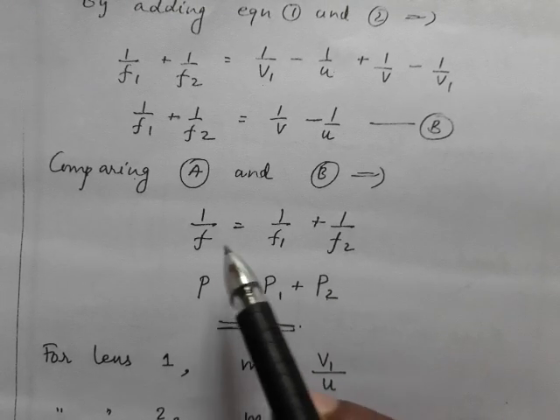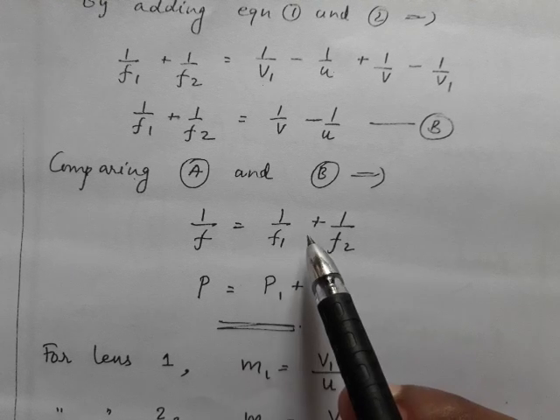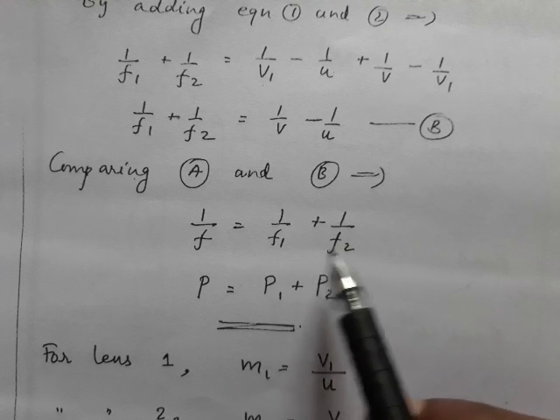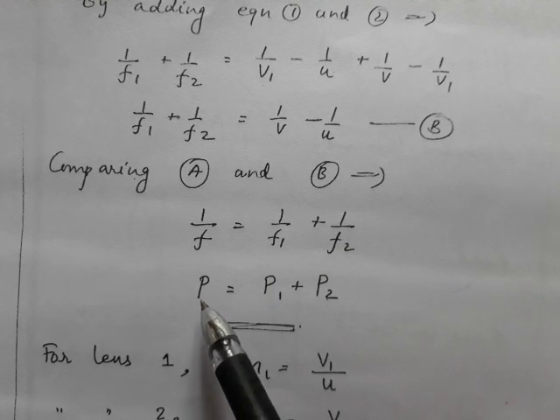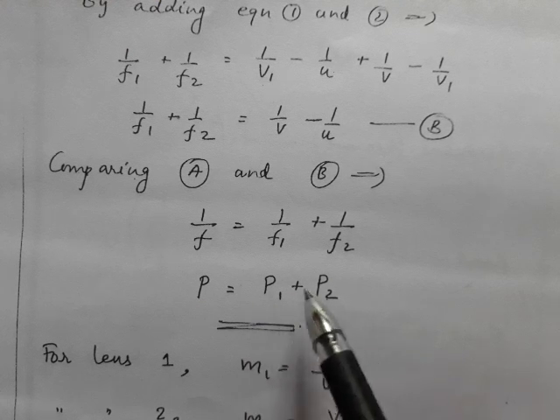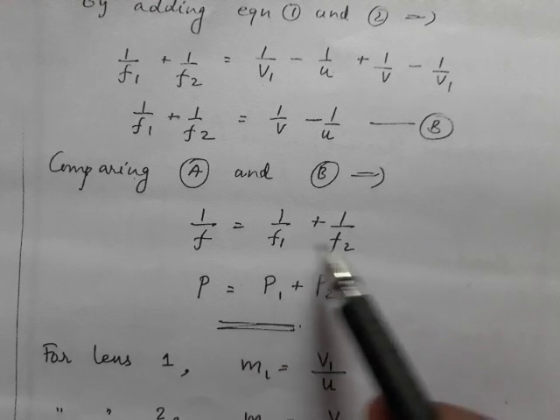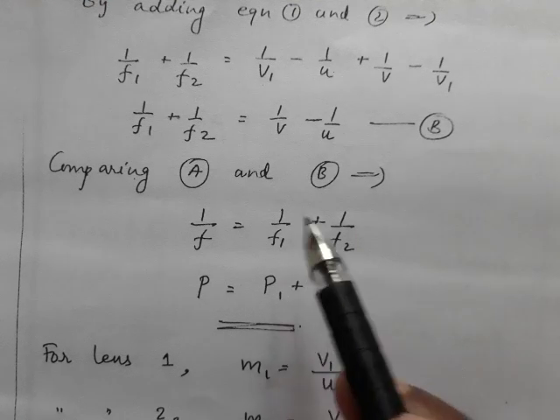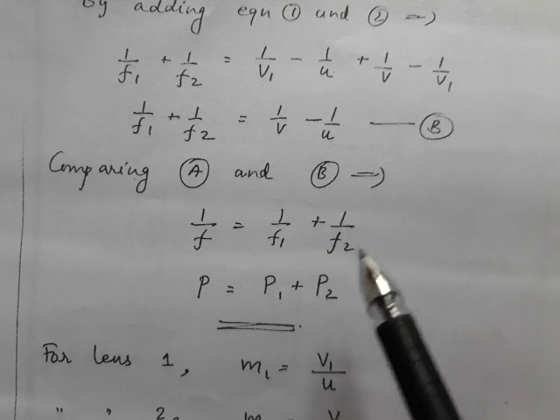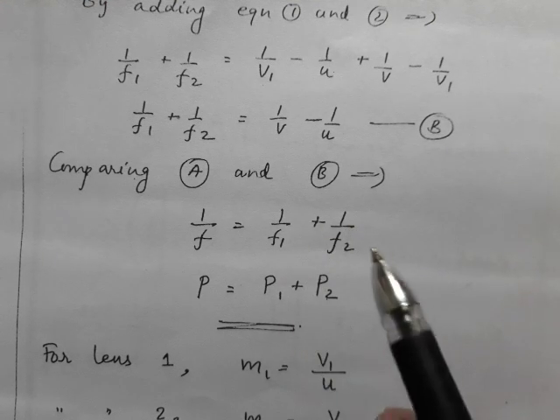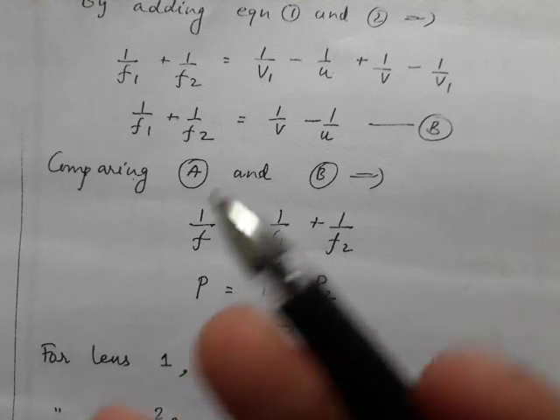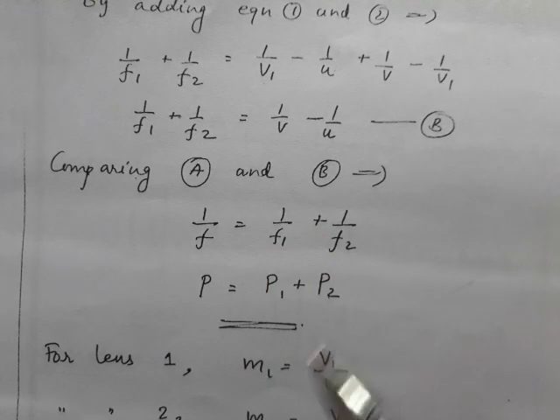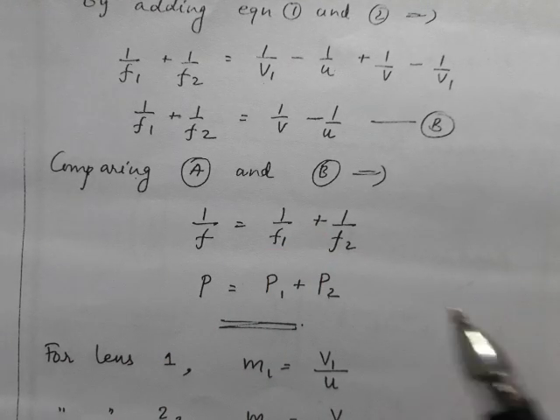So this is the equation for the focal length when two lenses are kept together, and this is the power equation. This is for two convex lenses. If one is convex and the other one is concave, proper sign convention should be given: focal length of a convex lens as positive, focal length of a concave lens as negative.